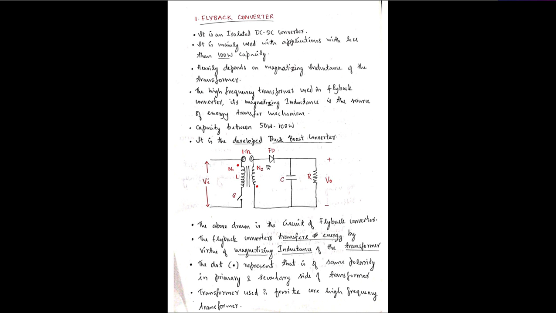How the 2 Vi voltage is coming, I will show. So when the switch is off, what will be happening? Already Vi will be charged here, and also here the input is Vi, so the Vi charged here will be discharging.